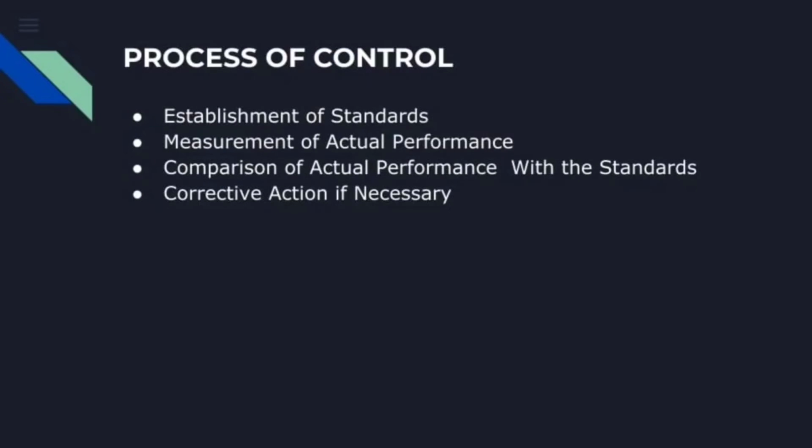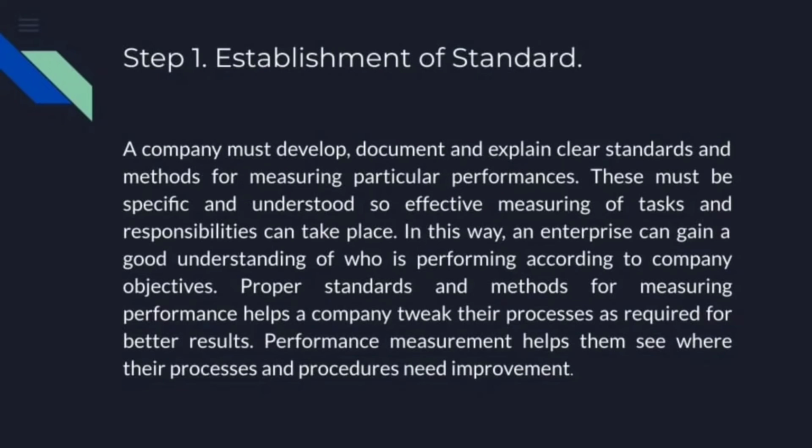The first step, establishment of standards. A company must develop, document and explain clear standards and methods for measuring particular performance. These must be specific and understood so that effective measuring of tasks and responsibility can take place.